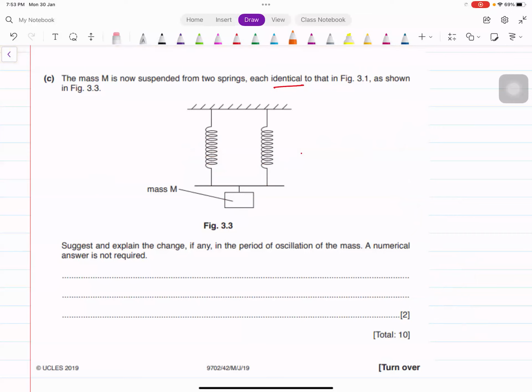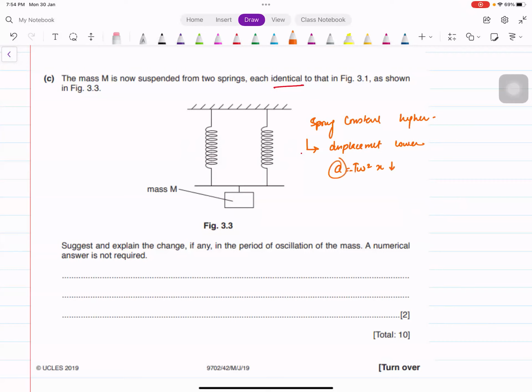We are saying that the spring constant now is higher, which leads to the conclusion that the displacement, which is the extension, is lower. You agree? Now, according to the equation, if the displacement is lower, then omega is going to be higher.